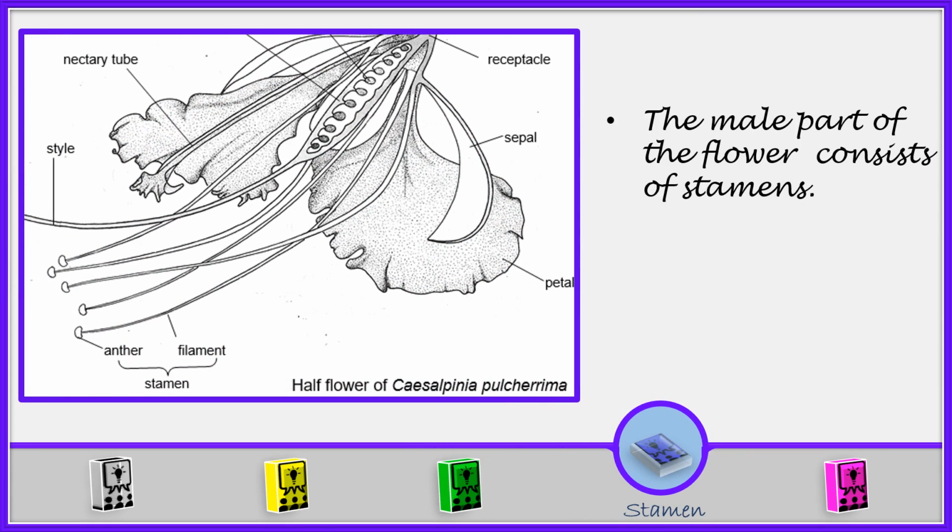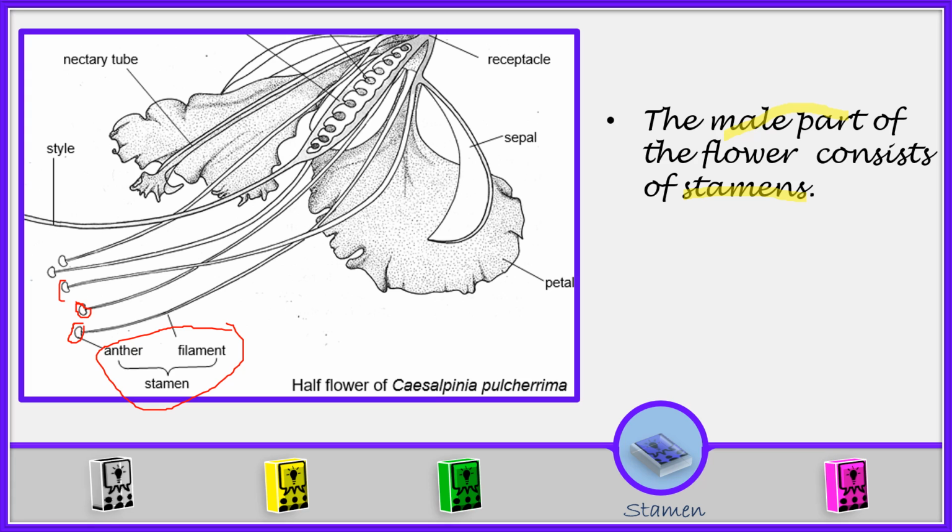The male part of the flower consists of stamen. So we have the male part of the flower. It consists of the stamen, and the stamen includes the anther, these rounded structures that we are seeing on top.